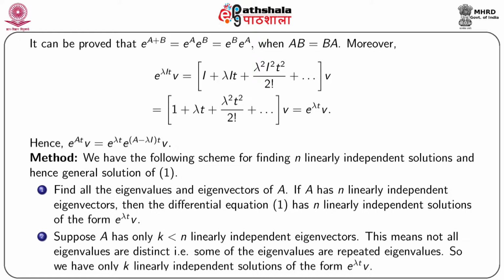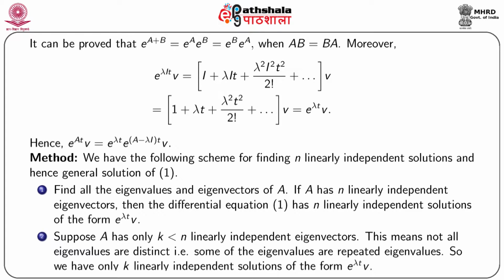and hence the general solution of 1. So, first we find all the eigenvalues and eigenvectors of the matrix A. If A has n linearly independent eigenvectors, then the differential equation 1 has n linearly independent solutions of the form e to the power lambda t times v.